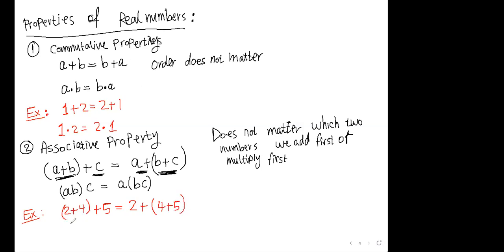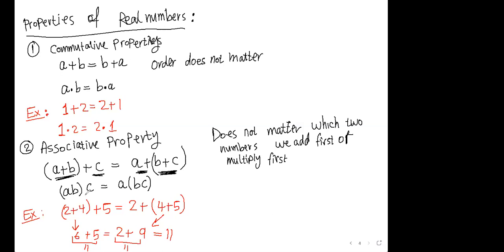Look here, 2 plus 4 gives me 6, plus 5. And this is exactly like 2 plus 9. For both answers, they give me 11. The associative property is achieved for real numbers.